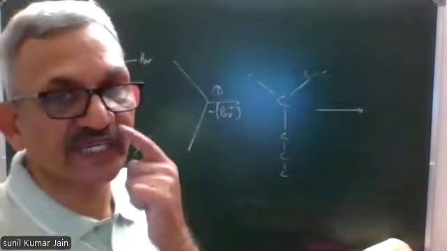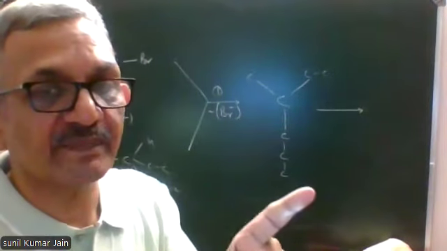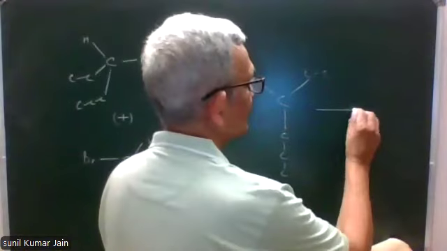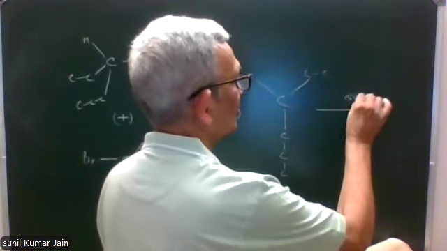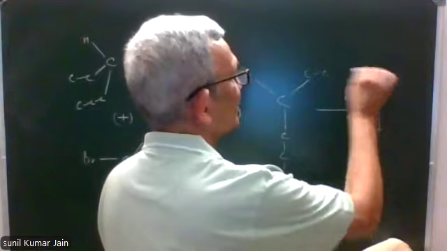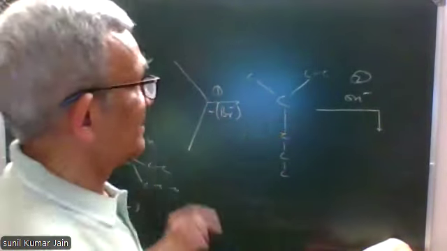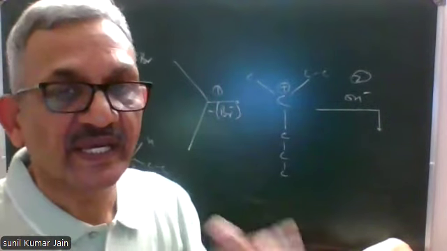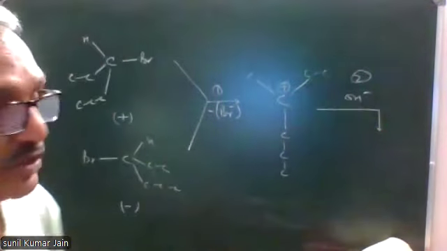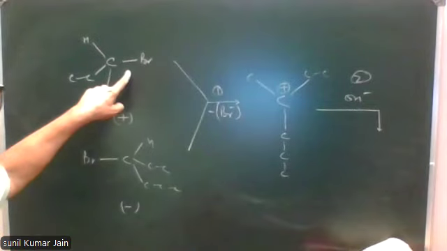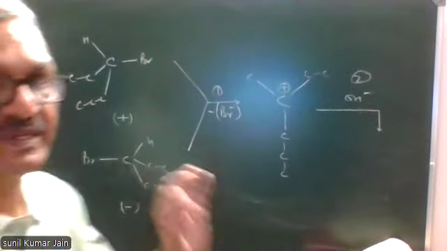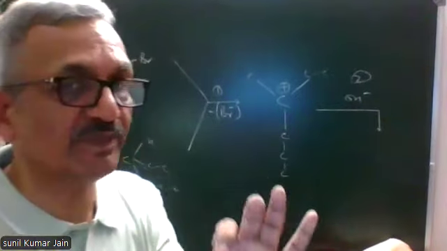In step 2 of the reaction mechanism, this is attacked by the nucleophile, that is hydroxide ion from aqueous NaOH. Now this carbonium ion can be attacked from either side. It means 50% product molecules will have the configuration like this, and 50% product molecules will have the configuration like this. It means a racemic mixture will be formed.